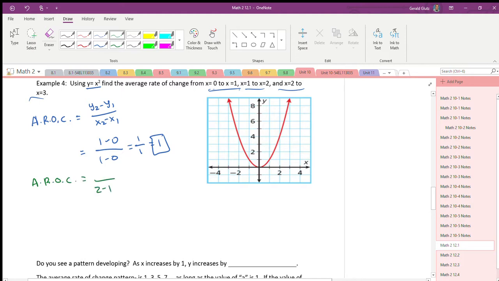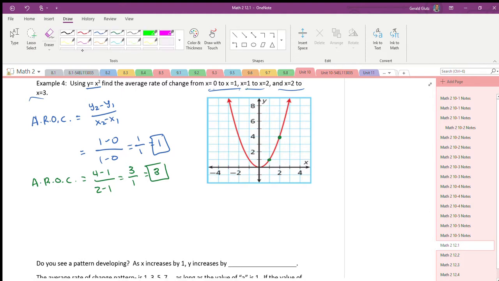So 2 minus 1 will go on the bottom. And I plug these two numbers into the equation to get my two y values. So 2 squared is 4, and 1 squared is 1. So 4 minus 1 is 3, and 2 minus 1 is 1. So the average rate of change between where x equals 1 and x equals 2 is 3.